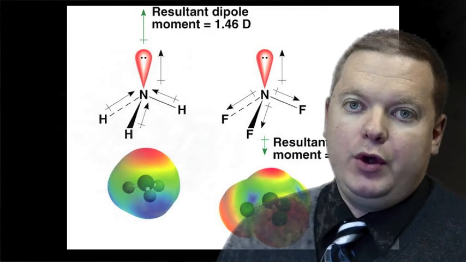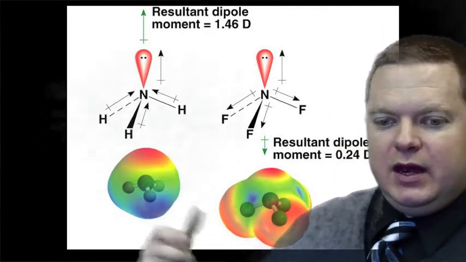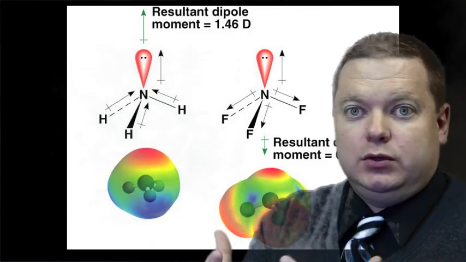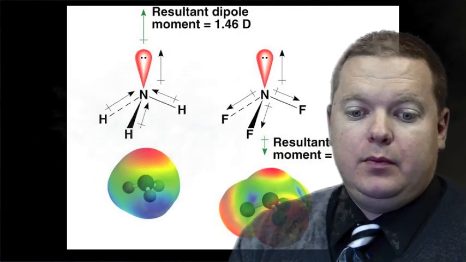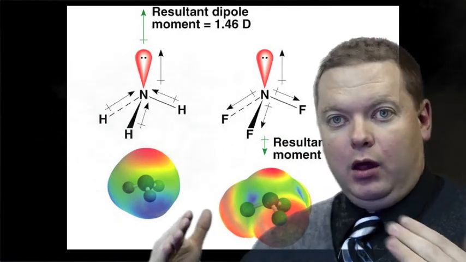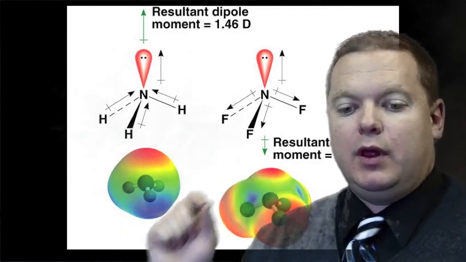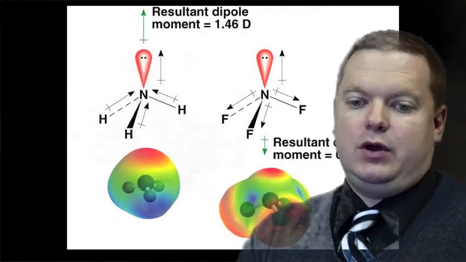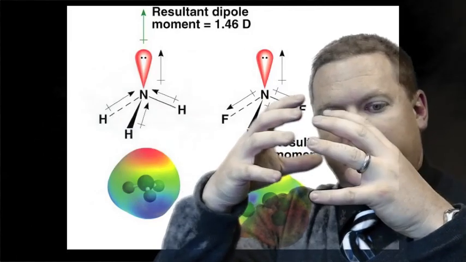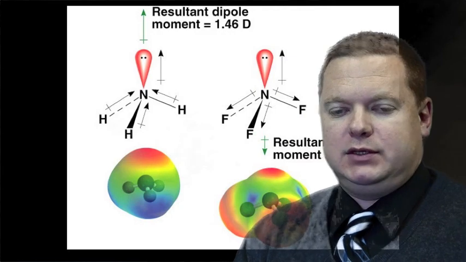So if we look at the ammonia molecule here, NH3, we see that the electron geometry is tetrahedral. The molecular shape, with one of those gone, is trigonal pyramidal. And in ammonia, the nitrogen is more electronegative than the hydrogen, so all of those electrons are going to be moving up towards the nitrogen. So the overall dipole moment on top of the molecule, where we have that lone pair, is going to be partially negative charged, and the bottom of the molecule is going to be partially positive.